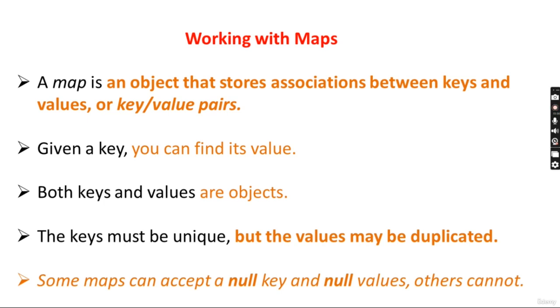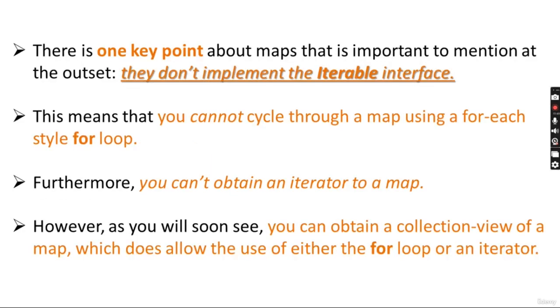So remember this, you have to practice. There is one key point about maps that is important to mention at the outset: they don't implement the Iterable interface. So you cannot iterate through a map like we have seen with collections. In collections, everything implemented the Iterable interface, but maps don't.